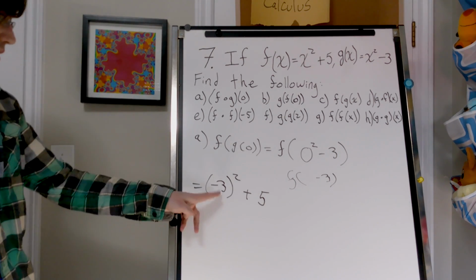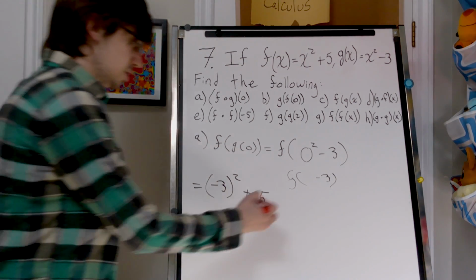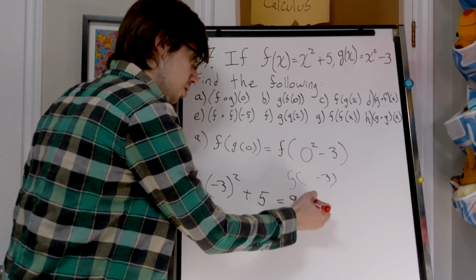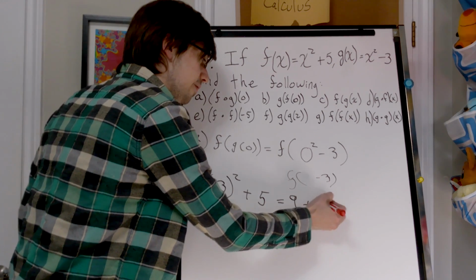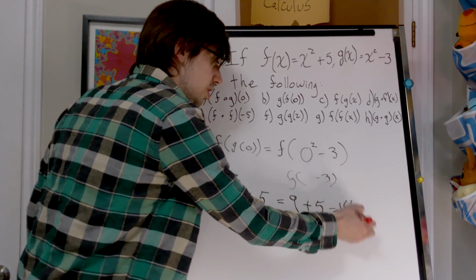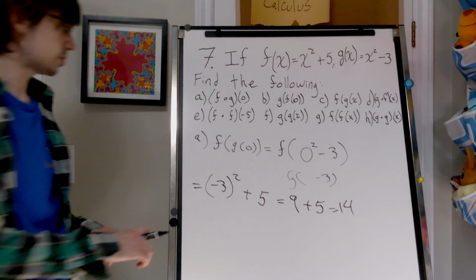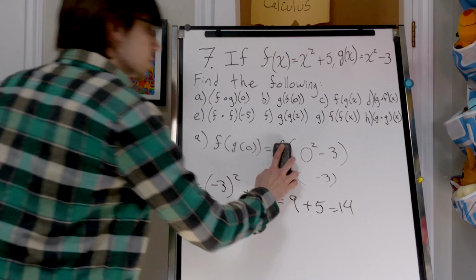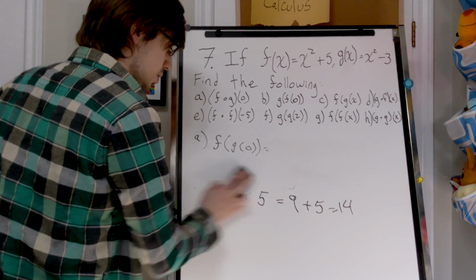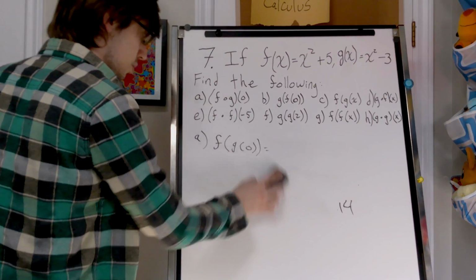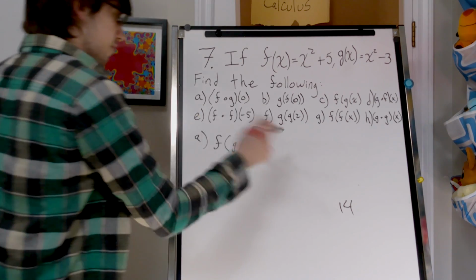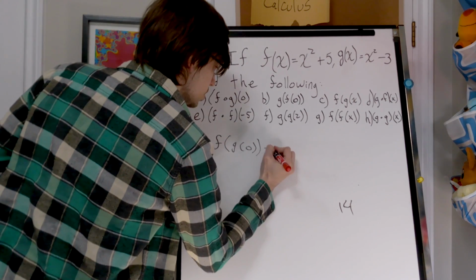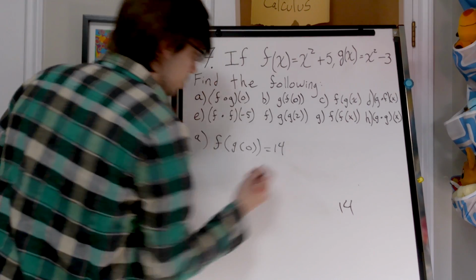And what we will find then, negative 3 squared is 9. 9 plus 5 is 14. Let's say f of g of 0 equals 14.